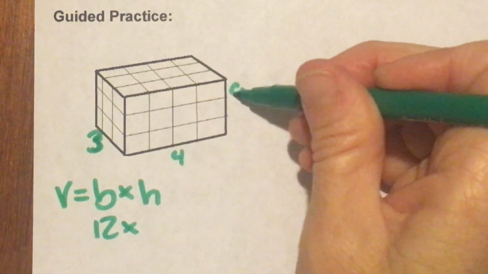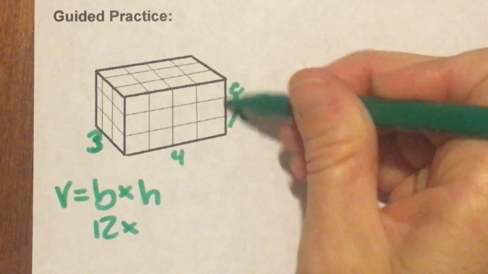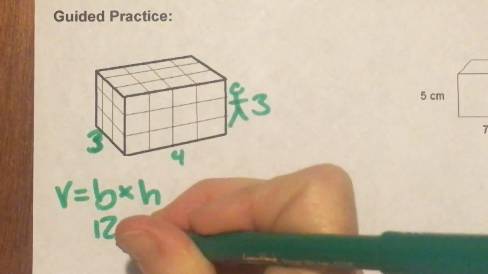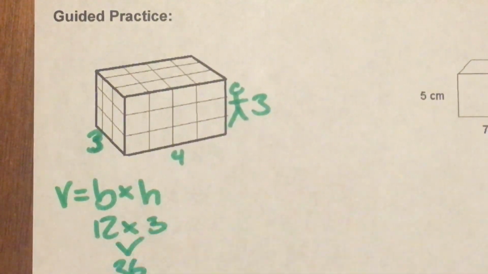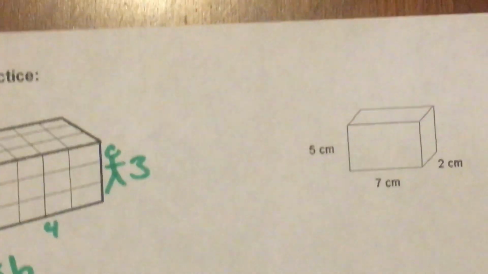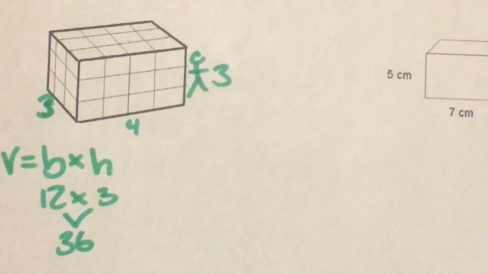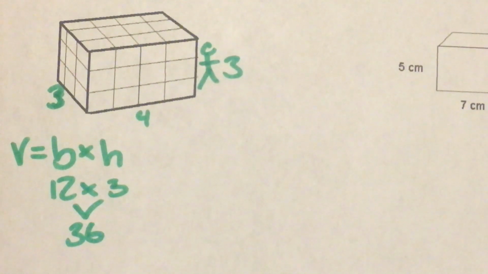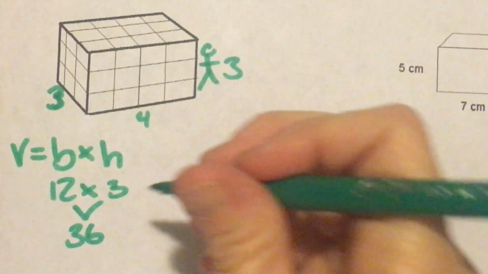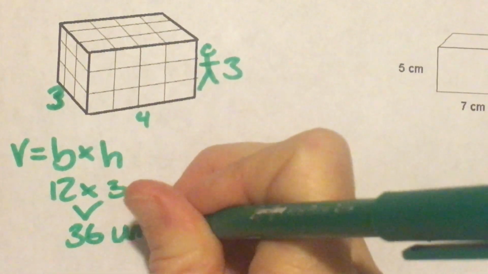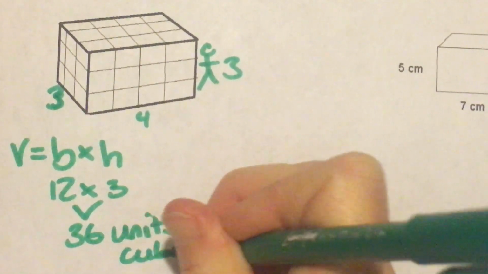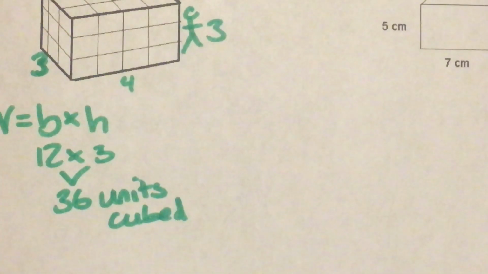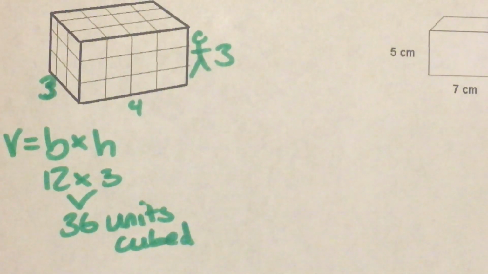So my height is, remember, my tall number, which is 3. So I'm saying I get 36, and then, whoops, sorry, I just messed up our camera. My last step is add my measurement. This one doesn't have measurements, so this one's just going to be units cubed. Okay, we could have also said cubic units.